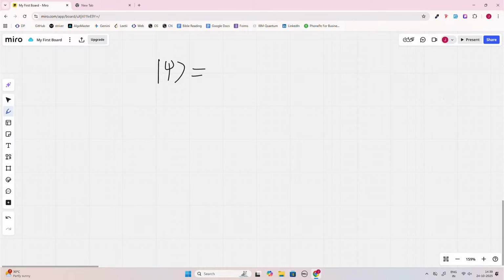You can use whatever letter you want, not a problem, as long as the math is correct. So I'll use alpha 1, beta 1 like that. So I'll make alpha 1 of zeroth state plus alpha 2 of first state plus so on up to alpha n of n minus 1 state.